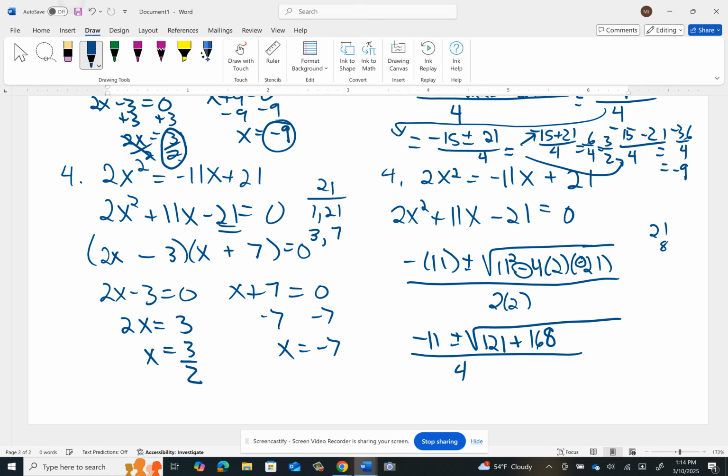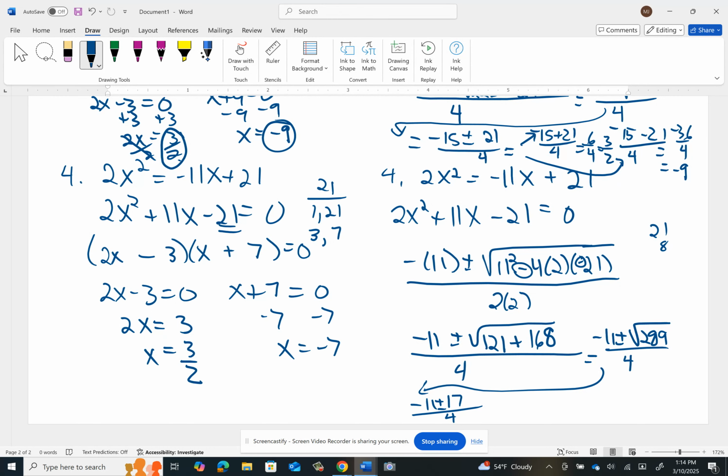So that's going to equal negative 11 plus or minus the square root of 289 over 4, which is negative 11 plus or minus 17 over 4.